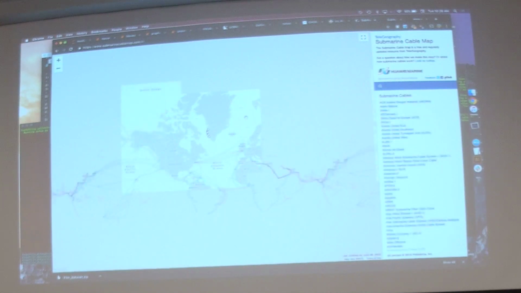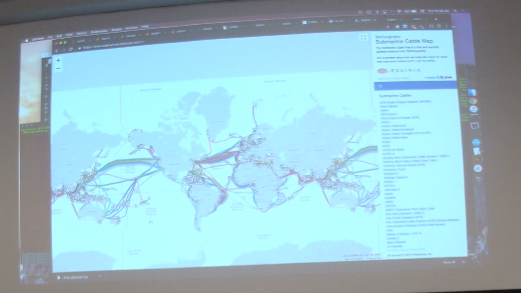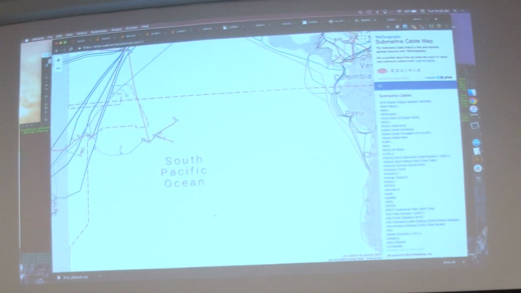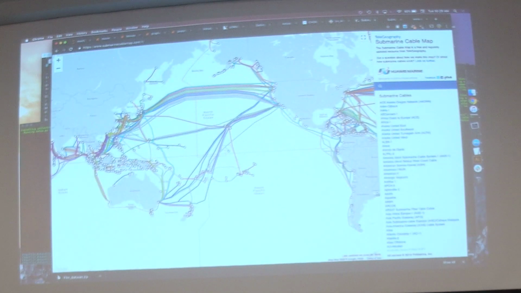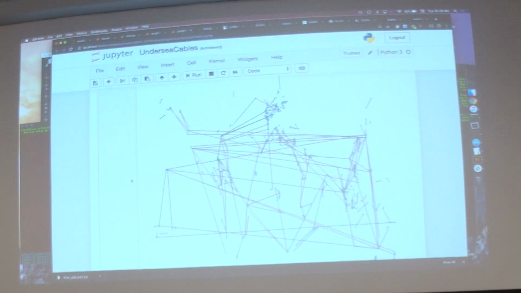If we look at the nicer version, I don't see any, so this part of Australia here is presumably connected by land to the cables that go all around. So even if we did have everything, there might still be a bunch of disconnected components.